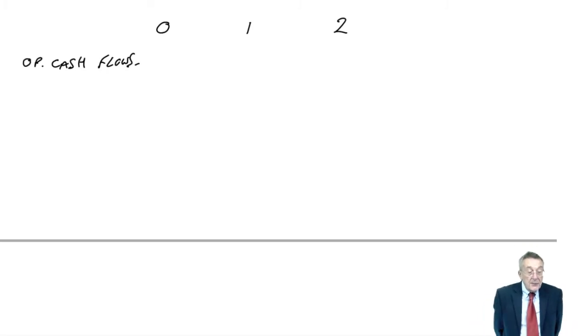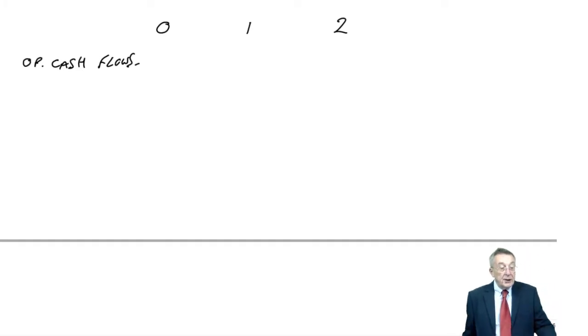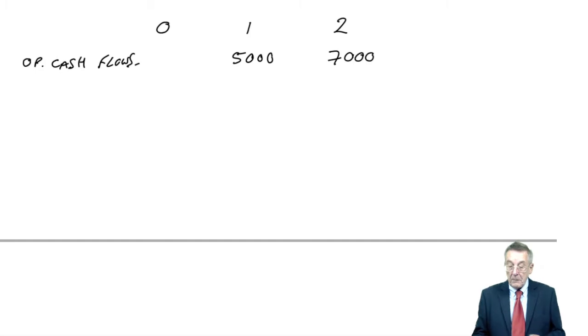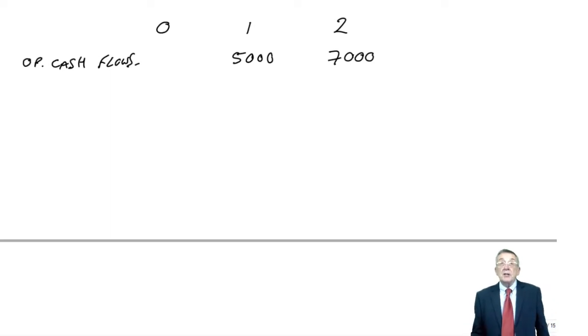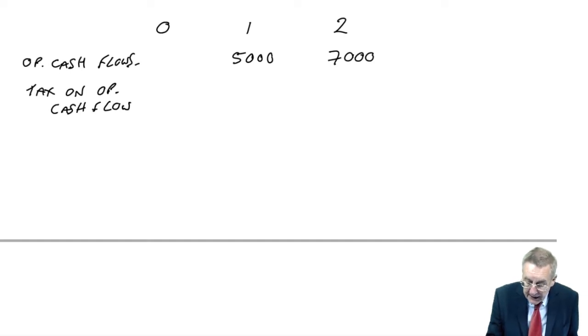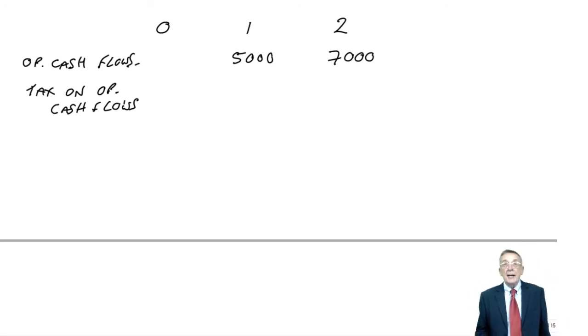The operating cash flows, third sentence, it's expected to generate net operating cash flows of 5,000 in the first year, 7,000 in the second. Easy. Just like I tried to explain a few minutes ago, we then write down the tax on the operating cash flows. So for the minute, ignore capital allowances completely.